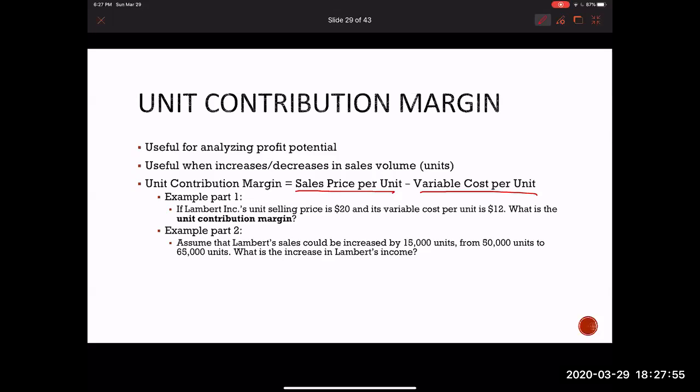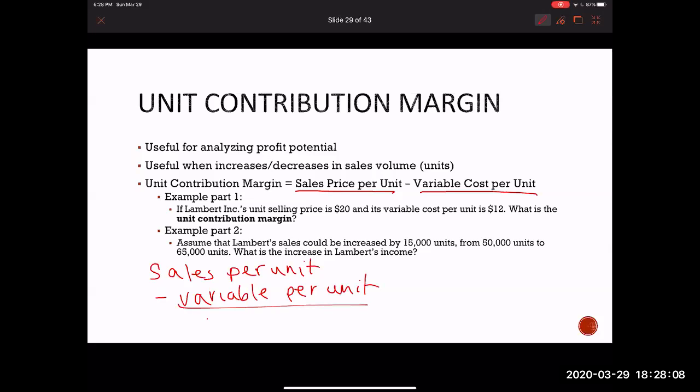Our unit contribution margin is $8 per unit.